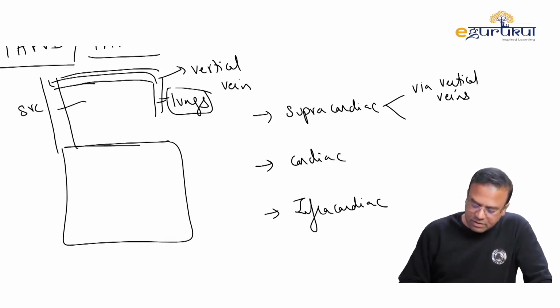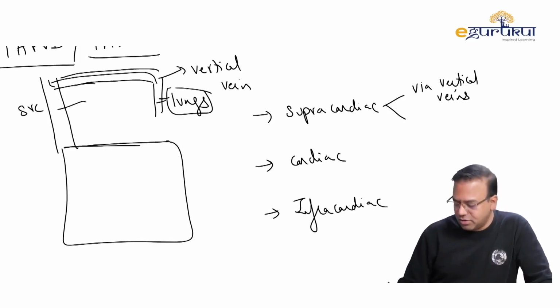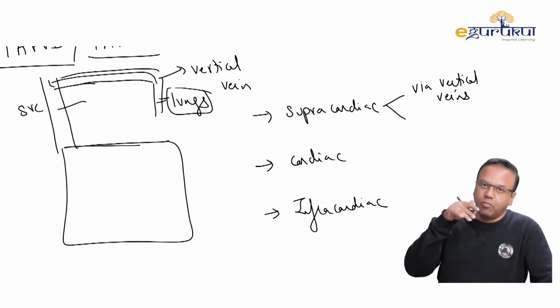Infracardiac type is when the pulmonary vessels pass through the diaphragm and open into the inferior vena cava, either opening in the inferior vena cava or in the portal circulation. Infracardiac type generally has the worst prognosis because here the pulmonary veins pass through the diaphragm, opening below.